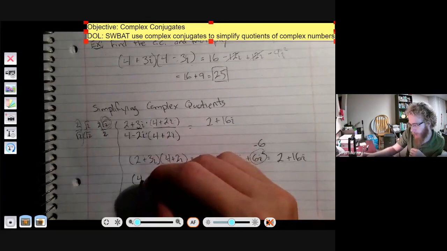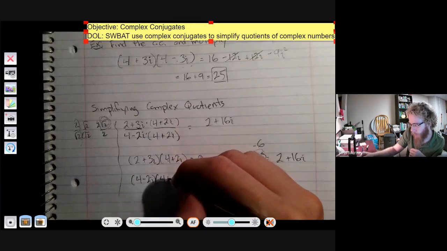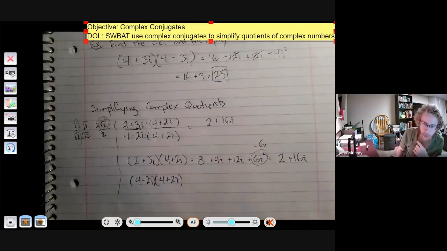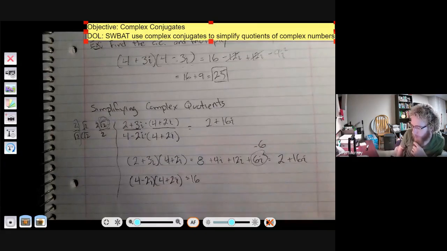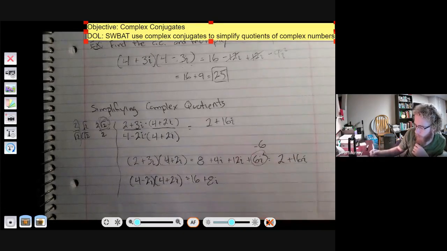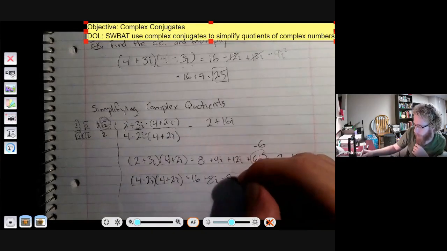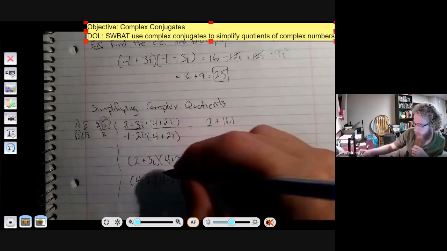Now, in the denominator, again, it should work out where it just ends up being real. 4 times 4 is 16. Positive 8i. Negative 8i. That's good because those will eliminate.